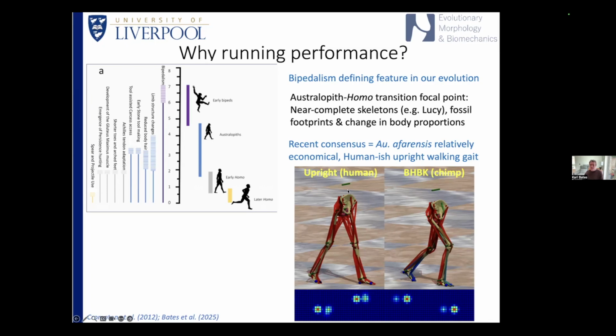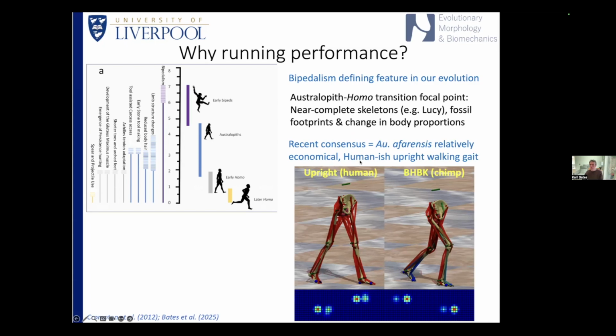Fossil footprints and simulations, when you put them together, are all pointing in that direction. And that's really cool and interesting, but it raises the question, obviously, that if Australopithecus was already walking relatively upright and relatively economically, why these major changes in body proportions at genus Homo?